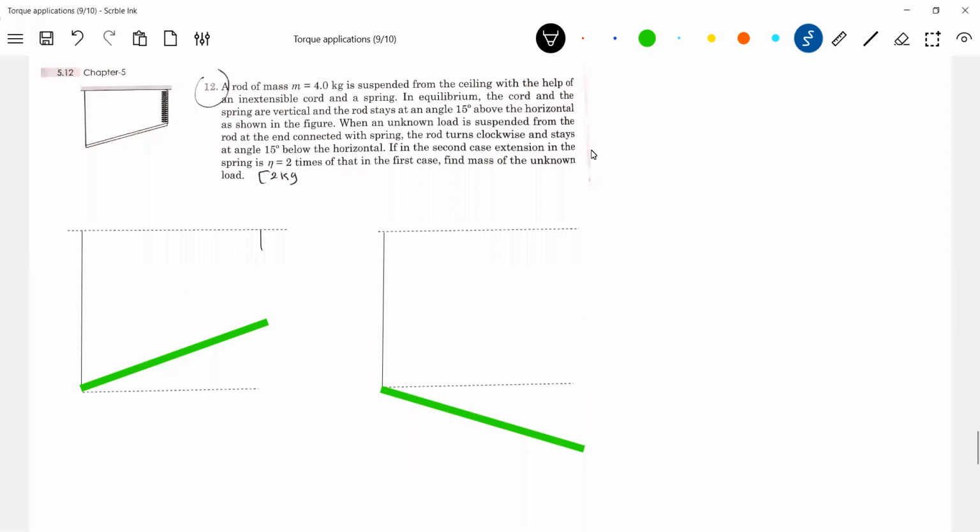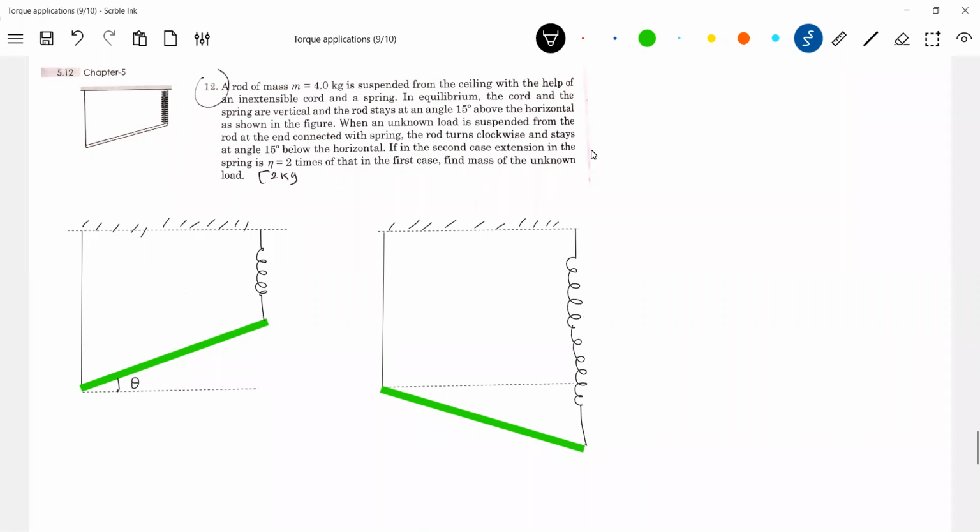This is the spring. You try to look at the diagram, so the explanation he has given. So I just put two diagrams here. The rod stays at an angle of 15 degrees above the horizontal.